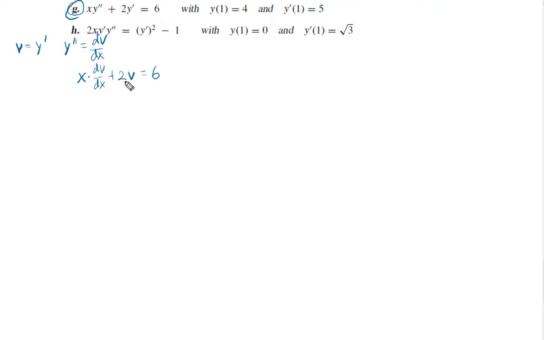So if we rearrange things, move the 2v over to the right side, notice we can factor the right-hand side into a 2 times 3 minus v, and it becomes separable. We also have v equals 3 as a constant solution.